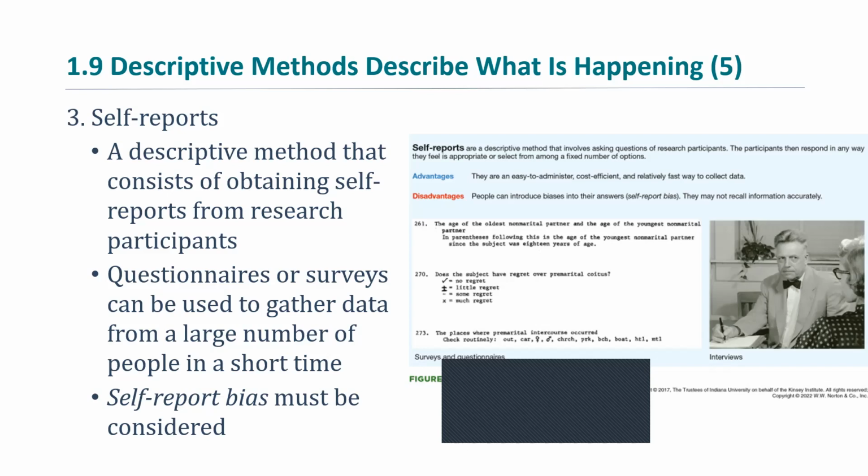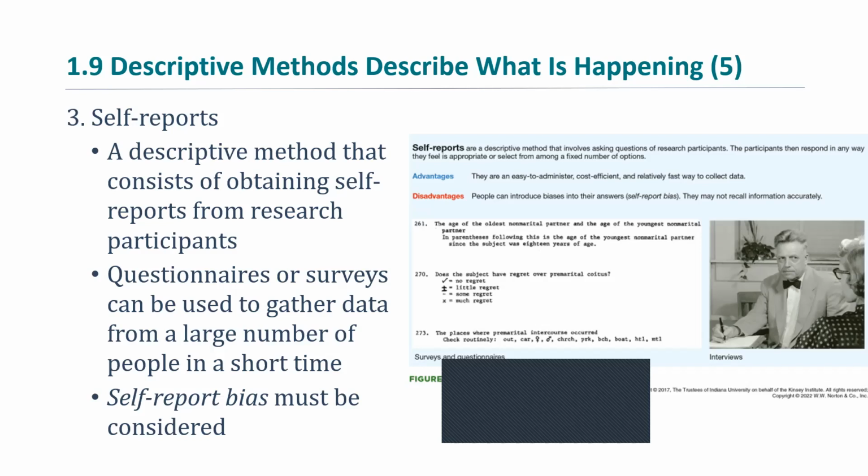I'll just use those examples I mentioned before: smoking behavior or drinking behavior or drug use or whatever. If it's something like that, it's really hard to be perfectly honest, if you actually feel, oh, maybe I do this too much. And so the self-report bias can happen even when people are trying to be honest.